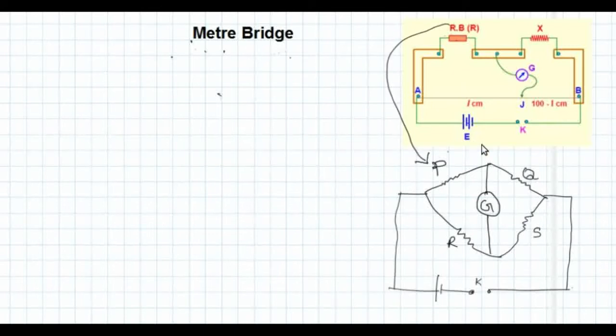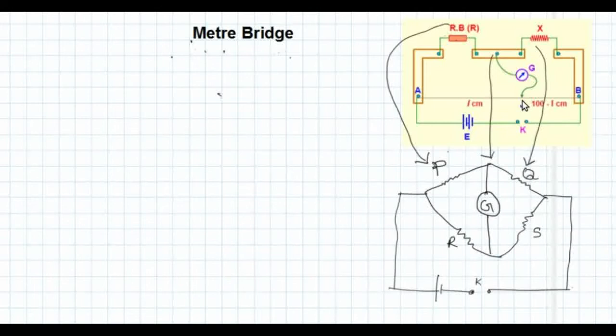And this meter bridge is nothing but a replica of this Wheatstone's bridge, with this resistance box R representing the P in the Wheatstone's bridge. Similarly, the unknown resistance X is nothing but the resistance Q in the Wheatstone's bridge. Then in the middle of this strip there is a galvanometer connection which is nothing but the galvanometer connection in the Wheatstone's bridge.